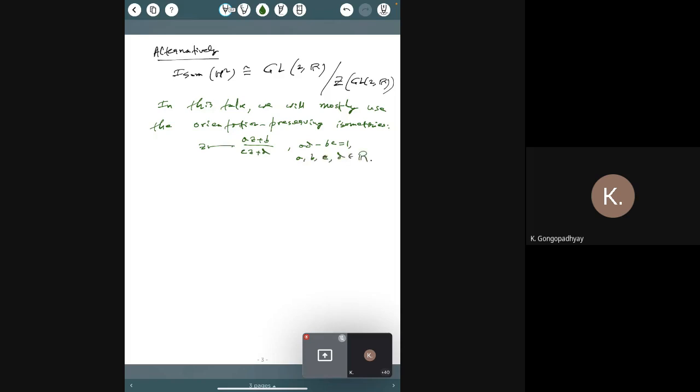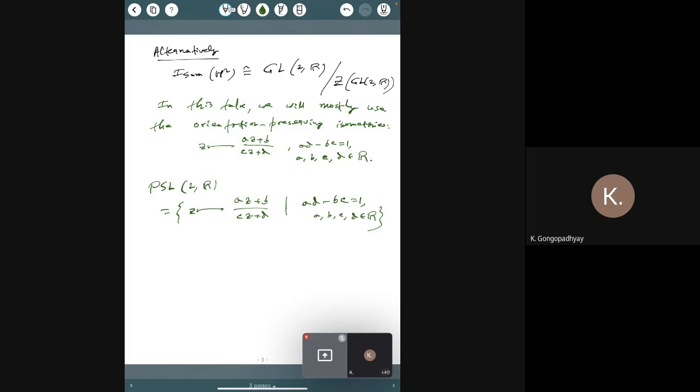So this is the group that we shall use. So we denote PSL2R as Z goes to AZ plus B by CZ plus D, AD minus BC equal to 1. It is not needed to write A, B, C, D in R because we are already using this notation, but anyway, let's use that for the moment.